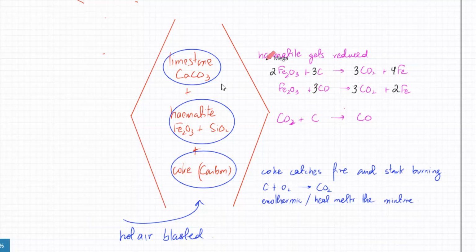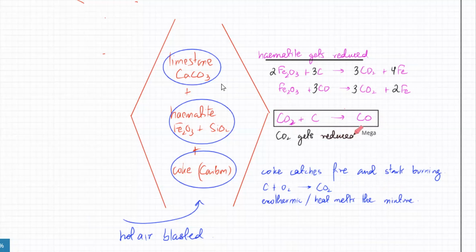So you've got hematite that's getting reduced. This is what's going on. Starting from the bottom, you had coke, which catches fire and starts burning, and it produces carbon dioxide as a result, and it's an exothermic reaction which melts the whole mixture. Then you've got carbon dioxide getting reduced by coke, because you've added a lot of coke.